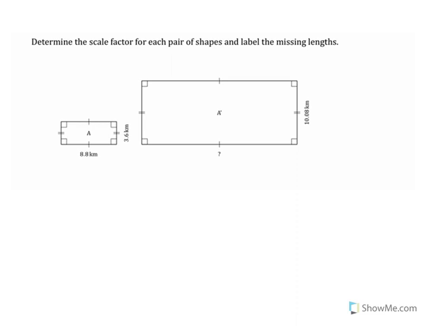Okay, our directions are determine the scale factor for each pair of shapes and label the missing side lengths. So on here, we can see we have A and we have A prime. So that means our new one is all the stuff on A prime.